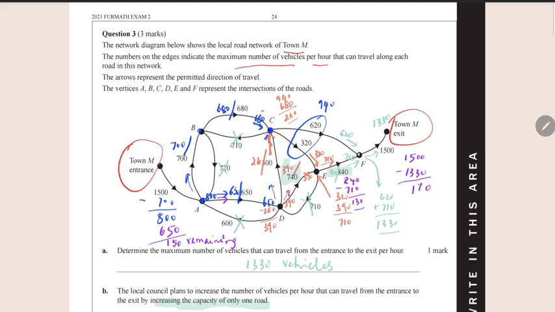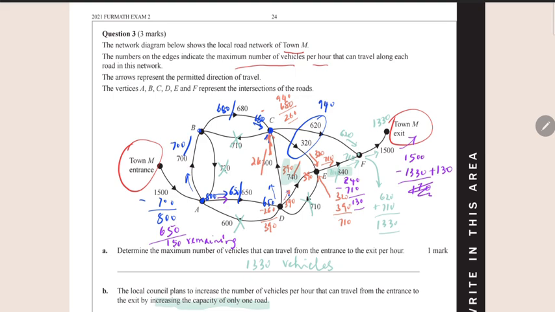So if this had reached maximum capacity of 840, we would have had to increase some edge by 130, and that would have increased the capacity going to the exit.